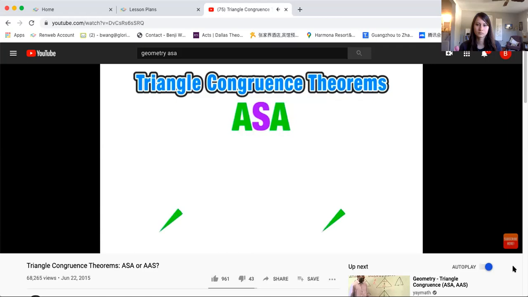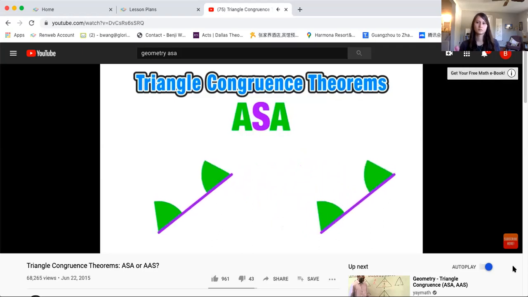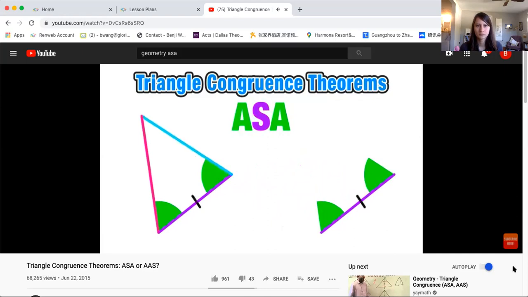If two triangles are congruent by angle side angle, then we have a congruent angle as well as a congruent side and another congruent angle in both triangles. Now again, notice that for angle side angle, the side is in the middle of the two angles. By completing the triangle using those two angles, we can see why the angle side angle theorem would prove that two triangles are congruent.